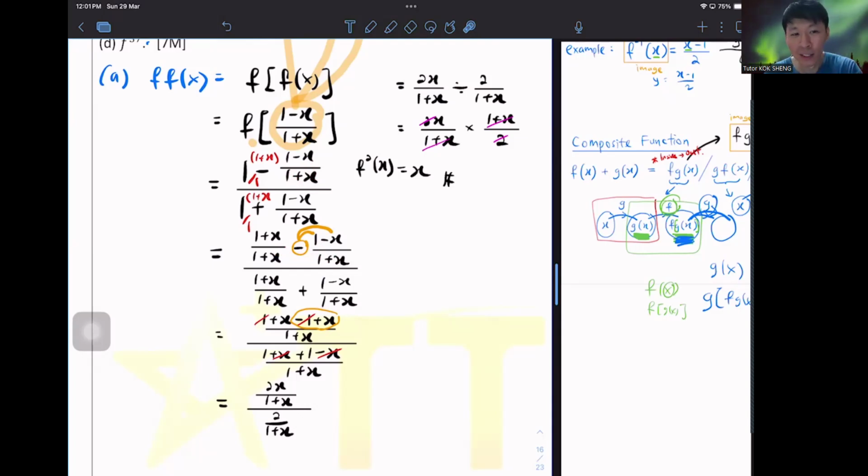For example, 1 over 2 plus 1 over 3, without using a calculator, how do you plus together? This one times 3, this one times 2. You have to make the bottom the same to plus the numbers on top.